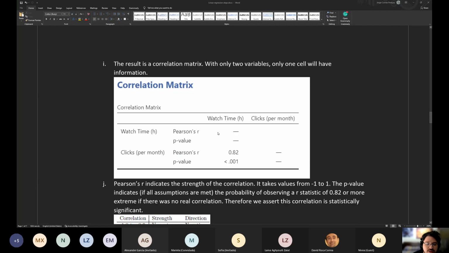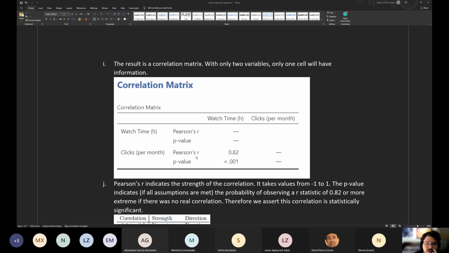So this is the result of that correlation matrix. We will have only one useful cell here because we only have one comparison. And this is clicks per month versus watch time.